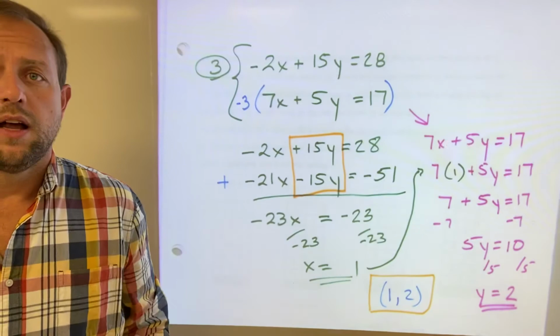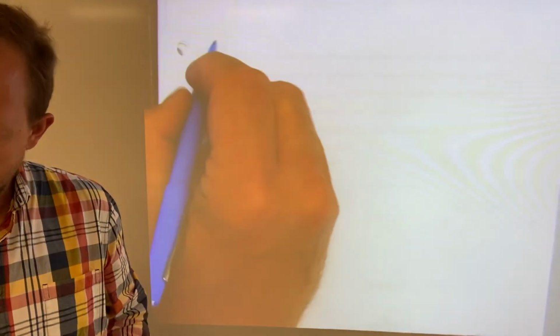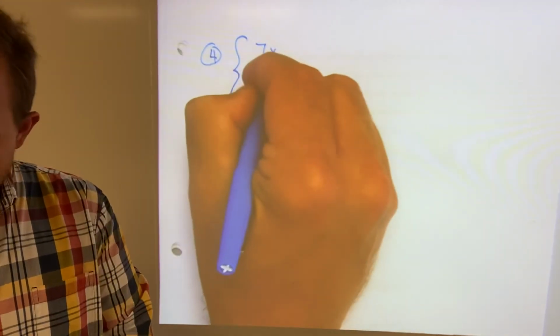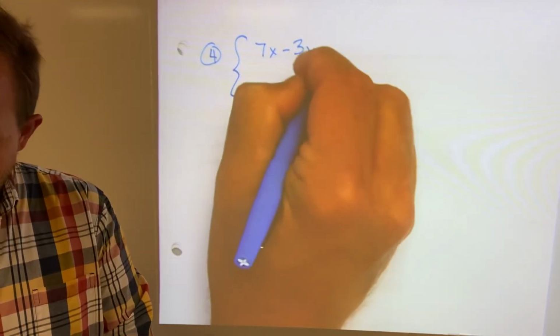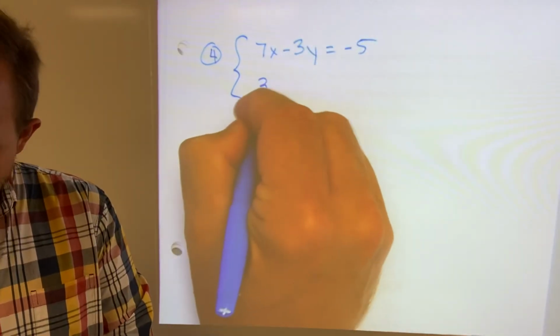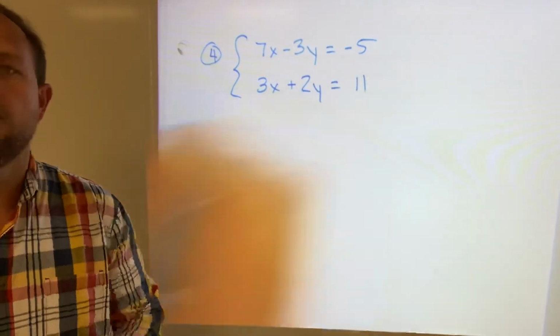Okay, last example. 7x minus 3y equals a negative 5, and 3x plus 2y equals 11.